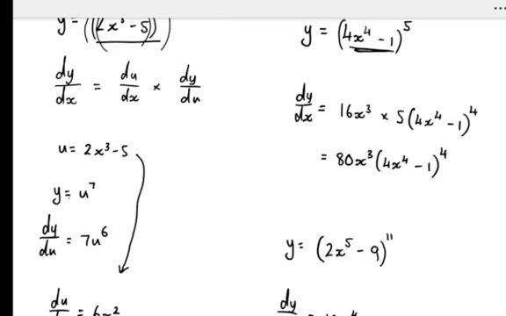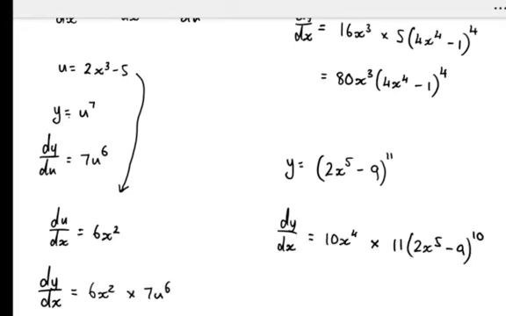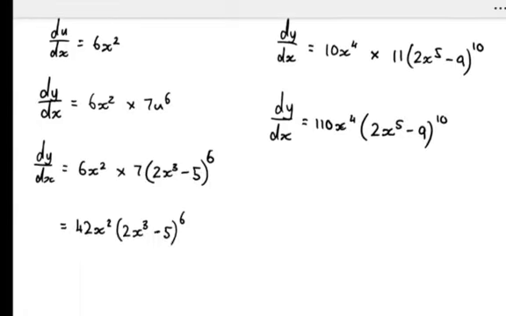And then we're going to multiply it by the derivative of the outside of the function, which is going to be 11 2x to the 5 minus 9 to the power of 10. And then if we tidy that up, we get 110x to the 4 multiplied by 2x to the 5 minus 9 to the power of 10. And that's how to do chain rule differentiation.